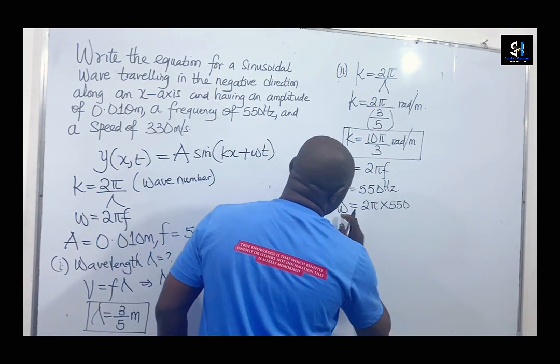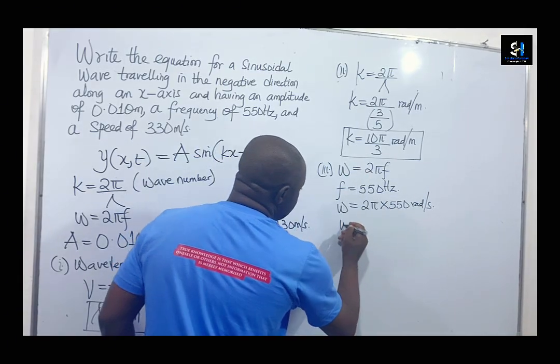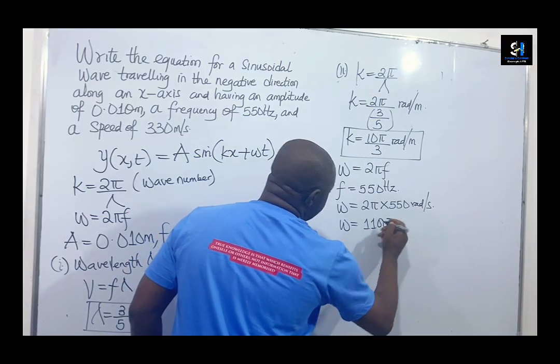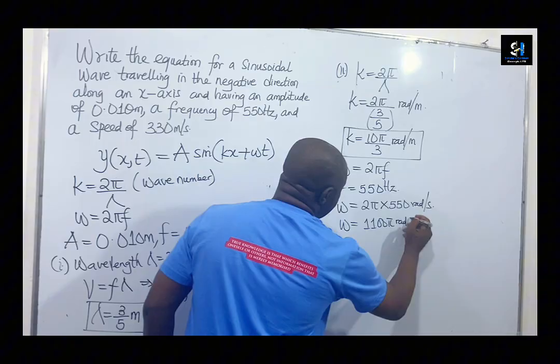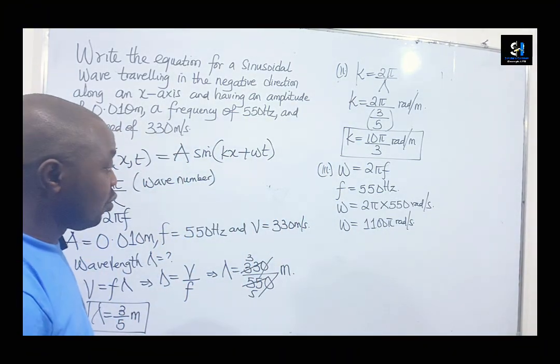The unit of omega is radians per second, so omega equals 1100 pi radians per second. That is the angular frequency.